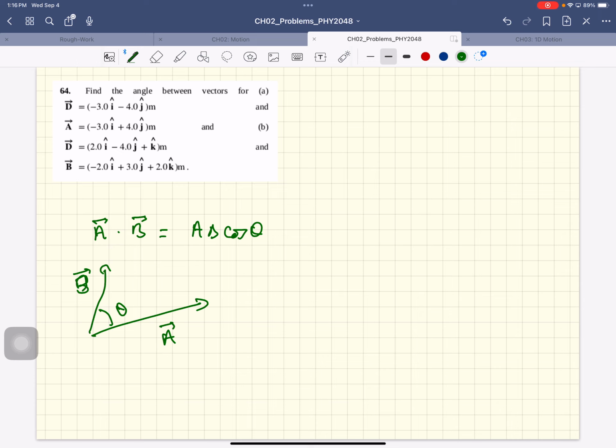And this dot product can also be written in terms of components, ax bx plus ay by plus az bz.